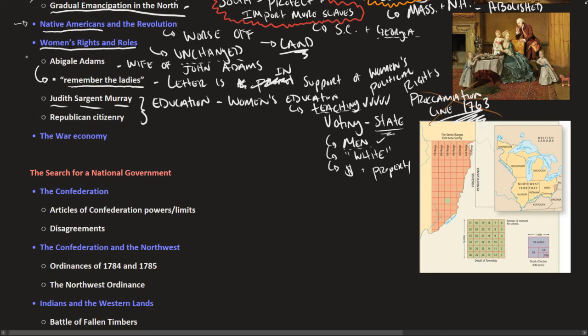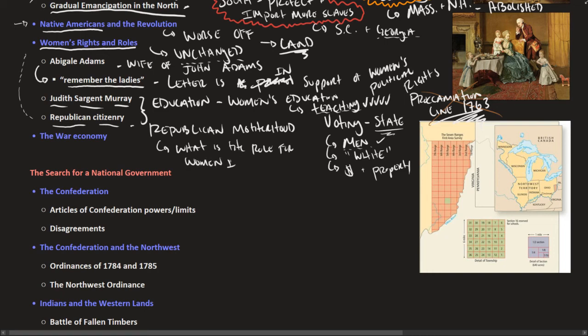And instead, your textbook uses the term Republican citizenry. I like to use a term that's a little bit more famous, Republican motherhood. That is to say, what is the role for women in revolutionary society?